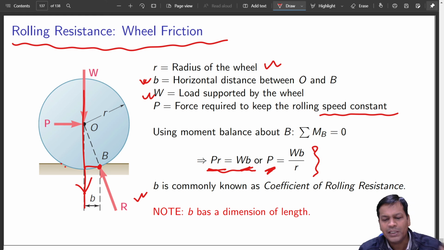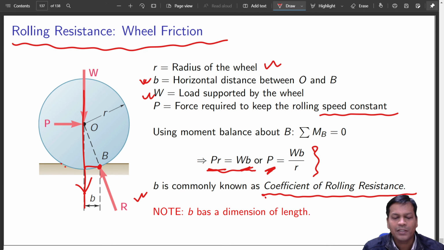What is B? B is commonly known as the coefficient of rolling friction. It is effectively the dip that has happened, and the chord that connects those two dip points is this. Physically, if you imagine it, it is like this, but it is not always the case. It can even be your tire having low pressure.